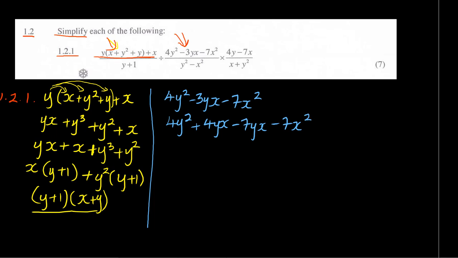Just as a quick recap on that product sum, if you look carefully at plus 4yx and minus 7yx, it gives that negative 3yx. So the factors of that I'm getting are 4yx and minus 7yx. As I said, I will encourage you to go through the product sum method. That is quite a good lesson that I did. If you can do that lesson, it will be very easy for you to simplify this.